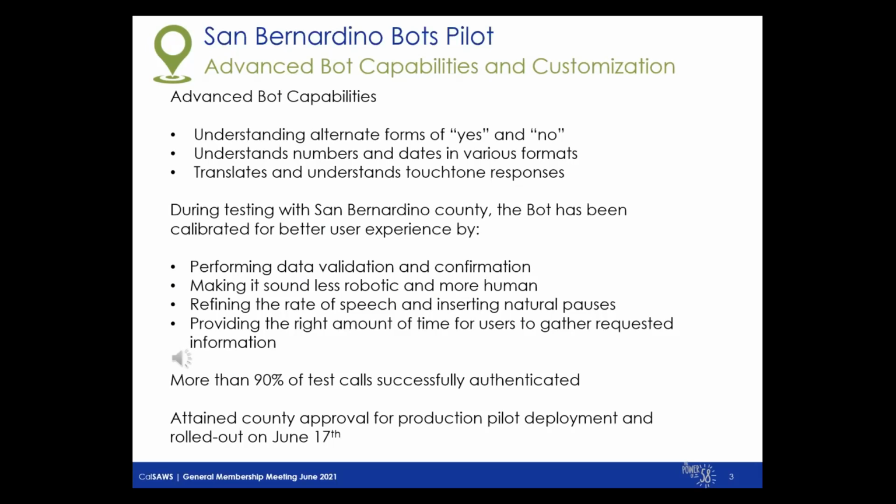And for dates, understanding September 1 as September 1st. Additionally, we've customized the bot to perform data validation, be less robotic by tuning the rate of speech and inserting natural pauses, and providing the right amount of time for users to gather requested information.